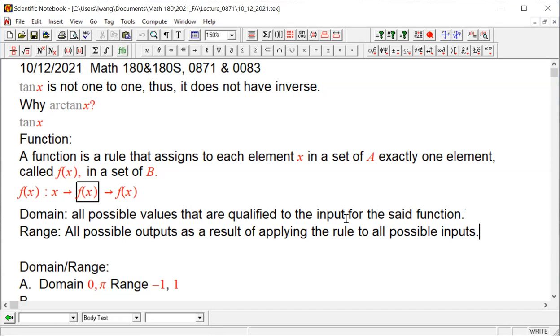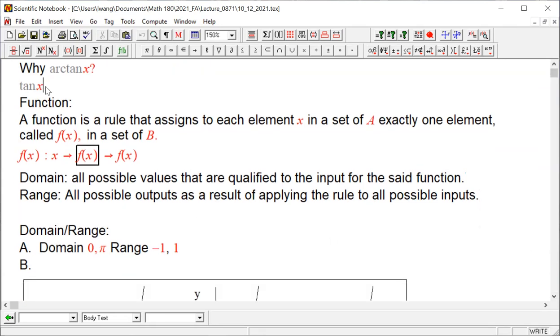And that's what we've been trying to focus on this semester. So recall what we did for tangent. For that rule of tangent, what is the domain and what is the range? Tangent is the rule.